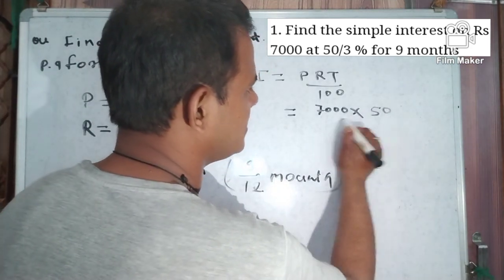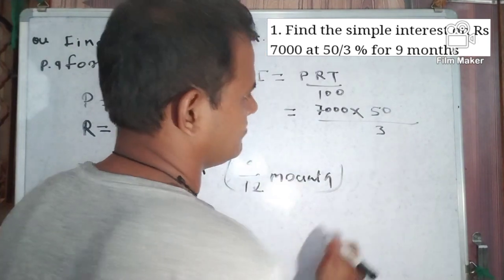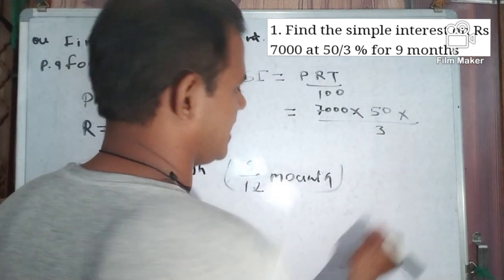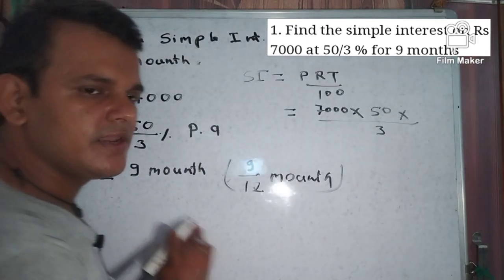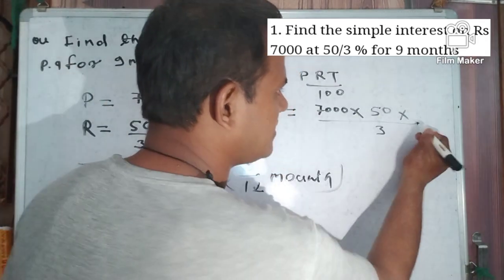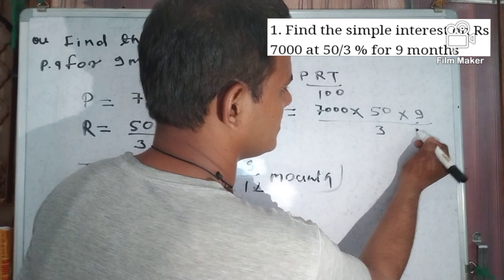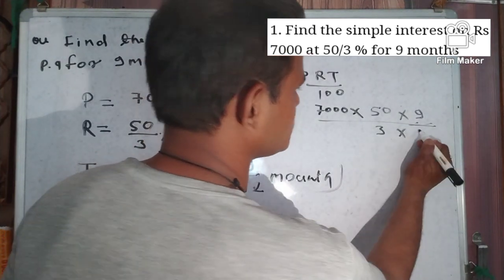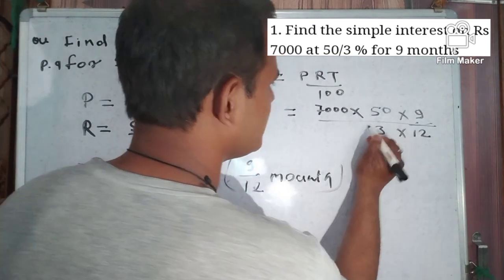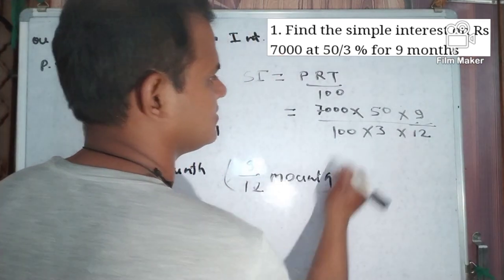So 50 by 3 into time duration 9 by 12, because this is in months and we need it per annum. So 9 by 12, because 9 months comes in a year, so 12 into 100.